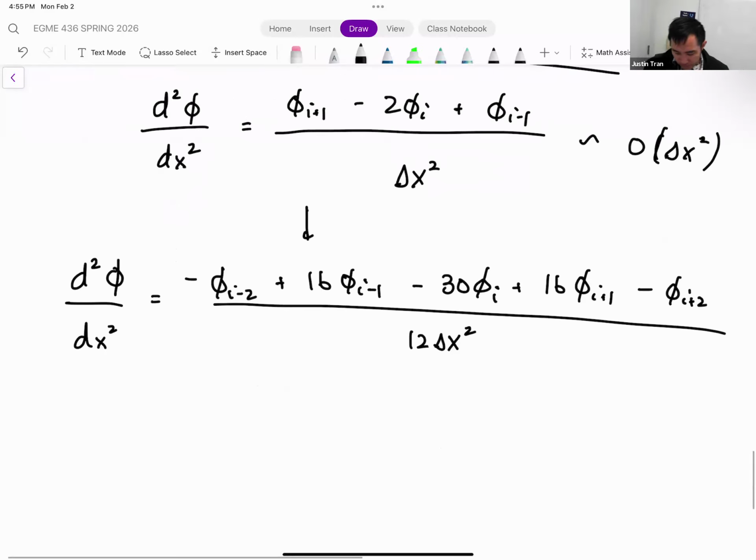This scheme is fourth order accurate. So that's pretty good, right?